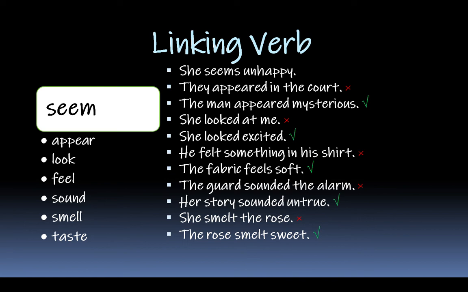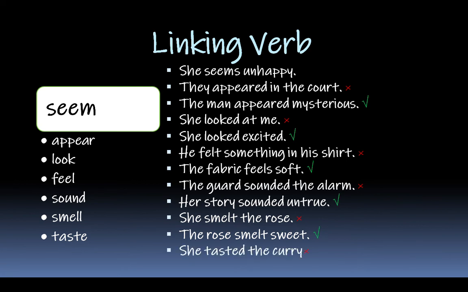And I can't say that she seemed the rose, but I can say the rose seemed sweet, not for the taste of course, but for the sense of smell. So the second smelt has been used in the sense of seemed, to give a particular kind of appearance or feeling. This is how we defined this group of linking verbs.